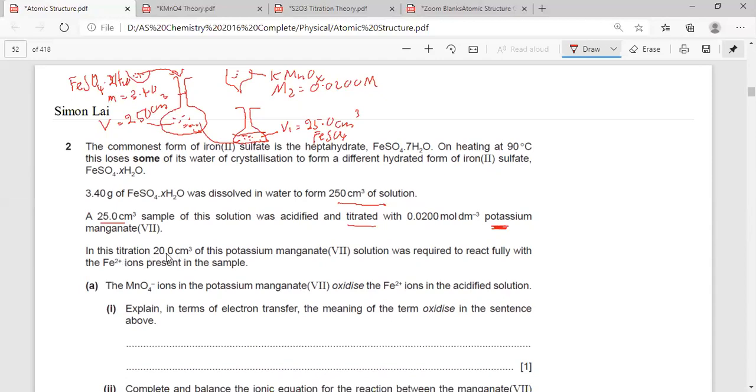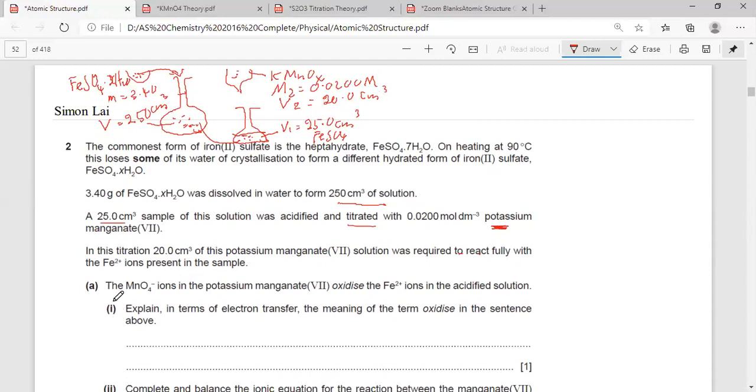In this titration, 20.0 cm3 of KMnO4 was required to react completely with iron(II). That means the volume used for complete reaction is 20.0 cm3. So you see the picture already.